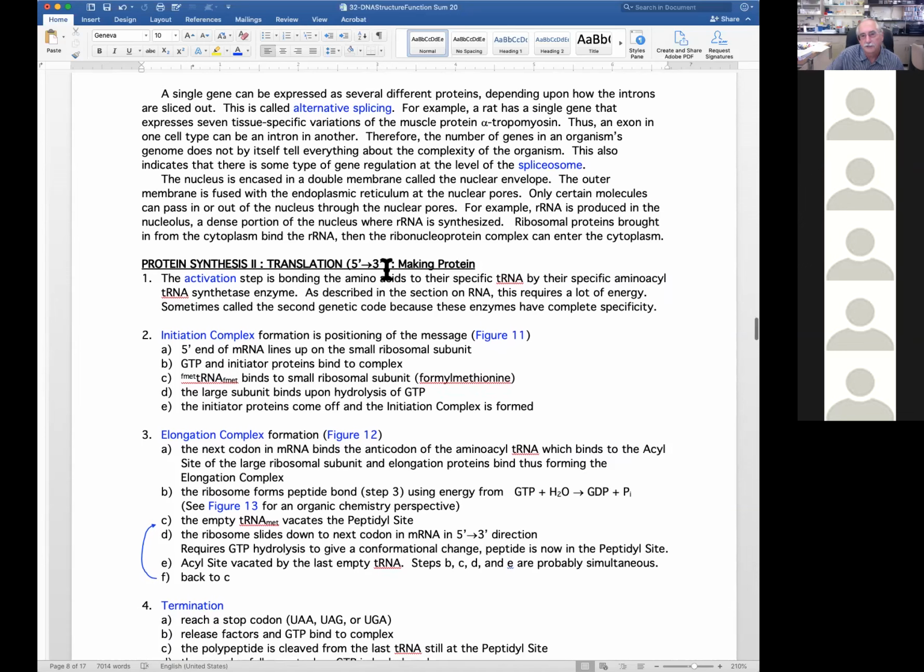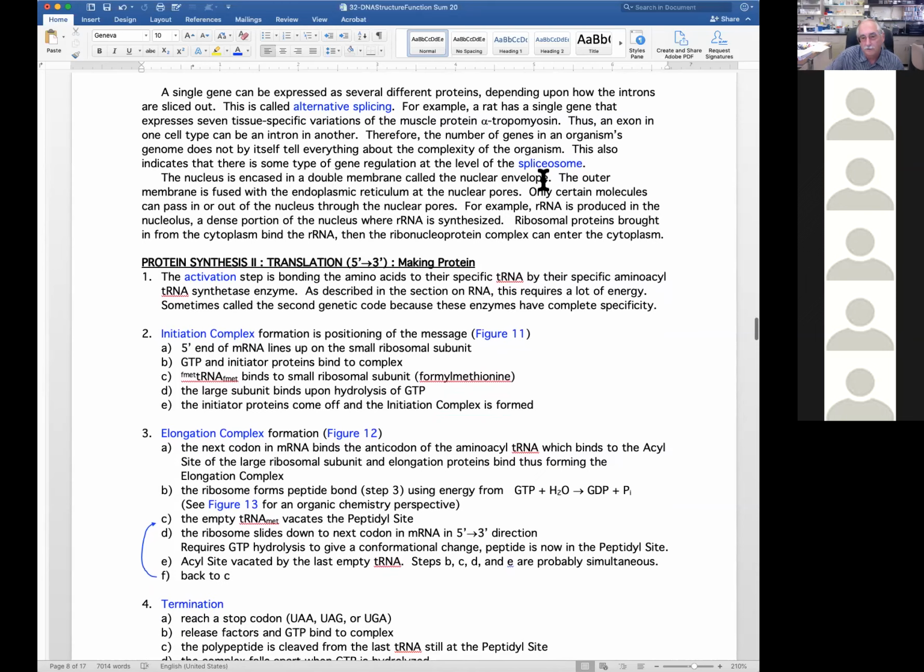So the nucleus is encased in a double membrane called the nuclear envelope. The outer membrane is fused with the endoplasmic reticulum, and only certain molecules can go in and out of the nucleus through the nuclear pores.